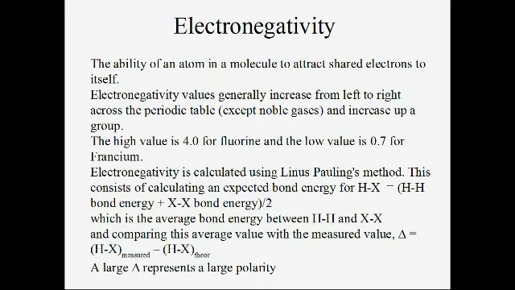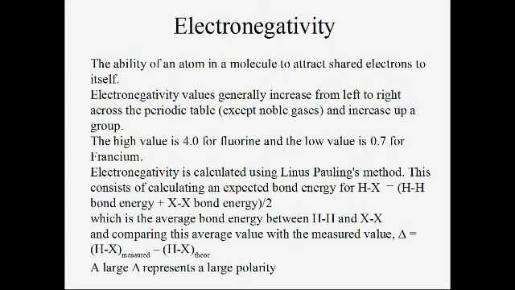And this is a process of using bond energies between the pure compounds, identical molecules, and then the compound containing different molecules. So we're not going to have to worry about calculating any electronegativities from this process.